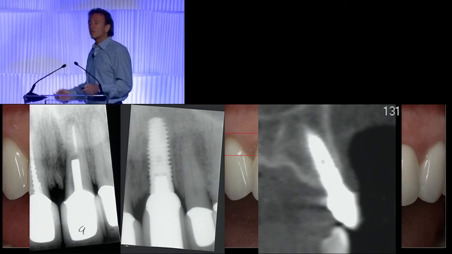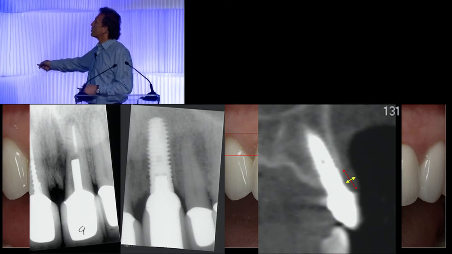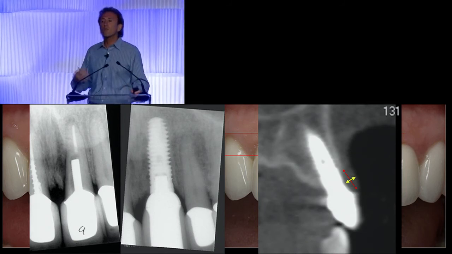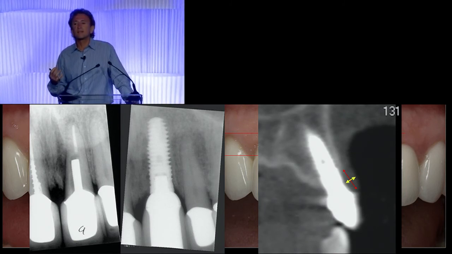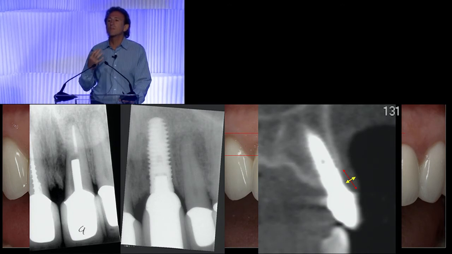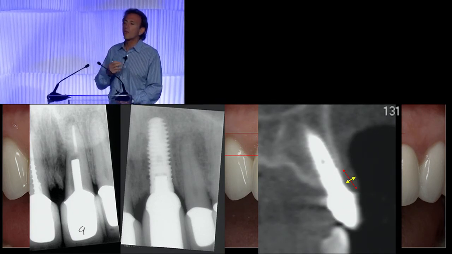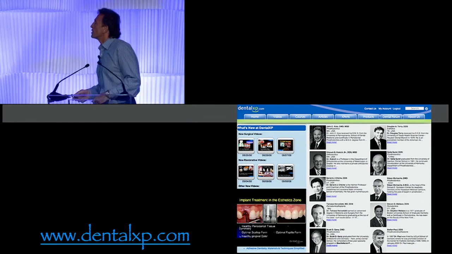The thickness of the soft tissue, not just the height that we're able to maintain, but also the thickness, and how important that is to overall aesthetics, and to have created a little bit of a redundancy to secure the stability of your tissue, not only levels, but also color over a period of time. All of those interfaces have to be part of the equation that we deal with.